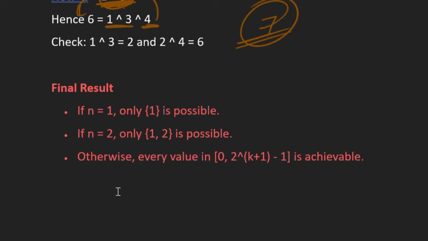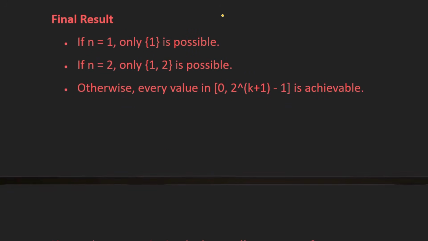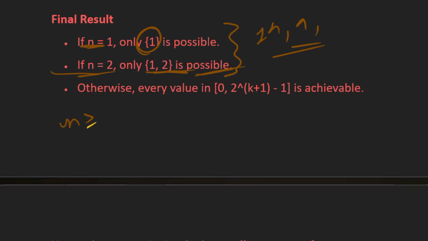So if we see the final result, or we can say final algorithm, if n is equal to 1, then we get only one possibility, that is 1 XOR 1 XOR 1. If n is equal to 2, then we get only two possibilities. These are the special cases. Then for n greater than or equal to 3, our answer will lie from 0 to 2^(k+1) minus 1.